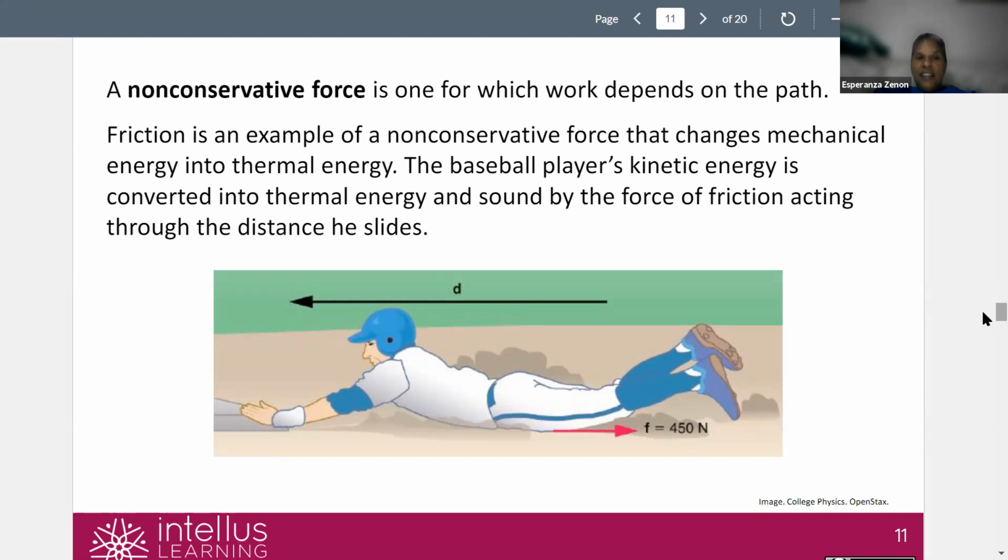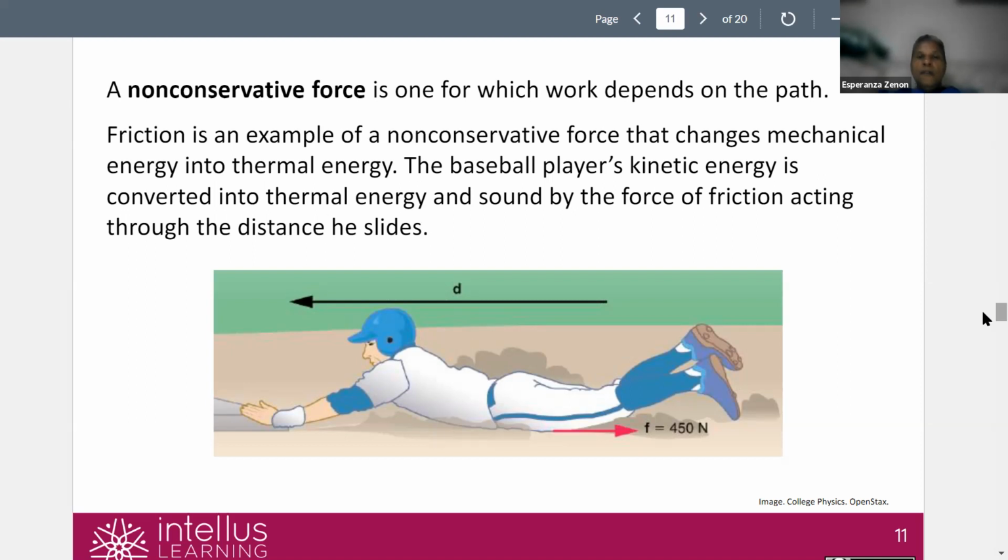So in this case, you're going to have heat being generated. As the player slides, there's friction between them and the surface or the ground that they're sliding on, and that will generate heat. So some of the kinetic energy of the player is going to be converted into thermal energy.